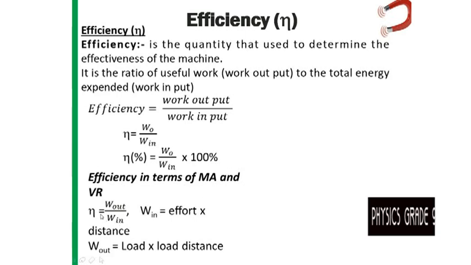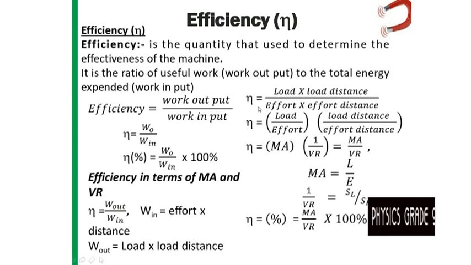Well, you can write efficiency, as we've mentioned, as being the work output divided by the work input. But remember, we can write work input as being the effort multiplied by the effort distance. And similarly, we can write the work output in terms of the load multiplied by the load distance.